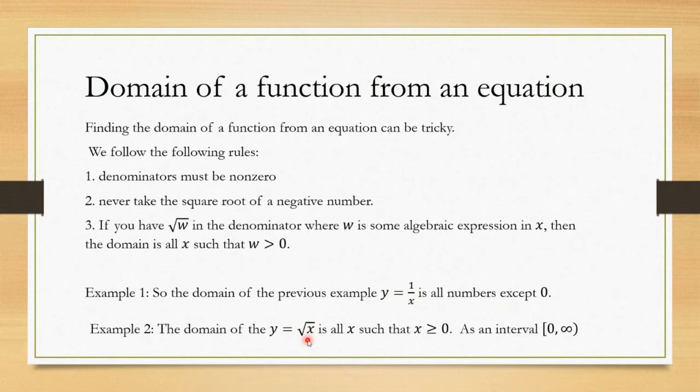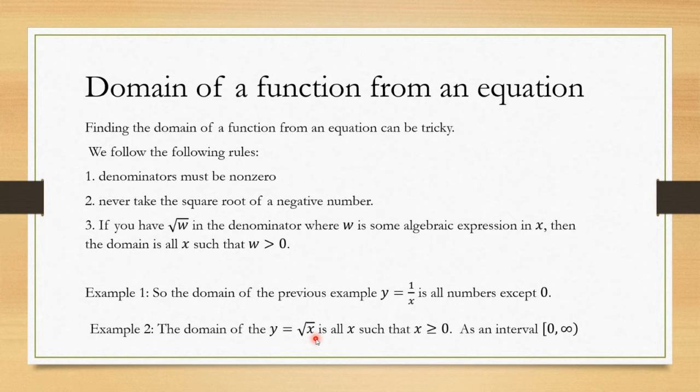This one, we can't take the square root of a negative. And since this is not in the denominator, we only care about when x, what you're taking the square root of, is non-negative. We can allow x to be 0.